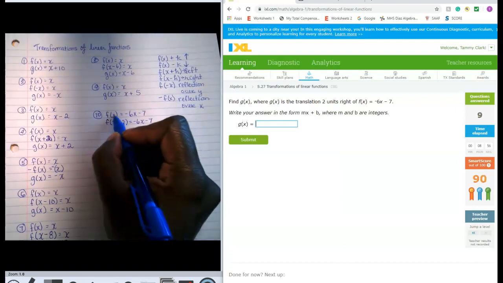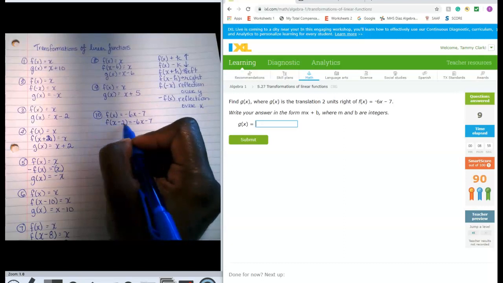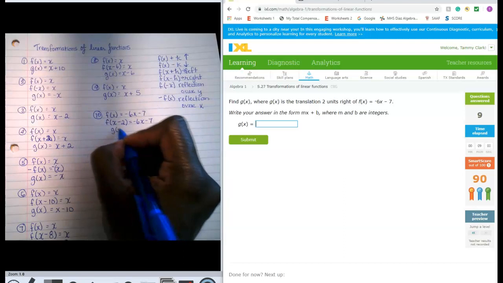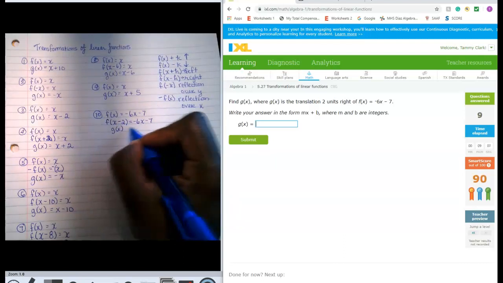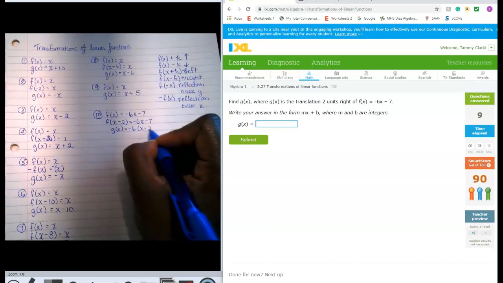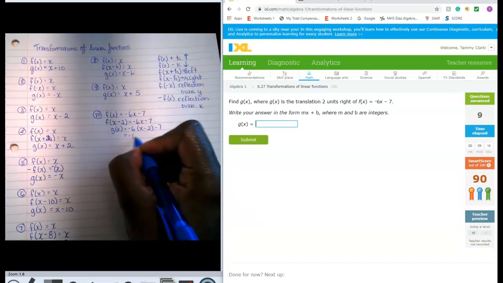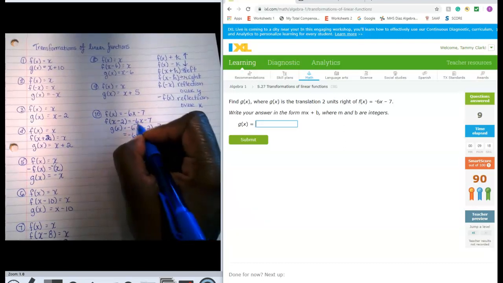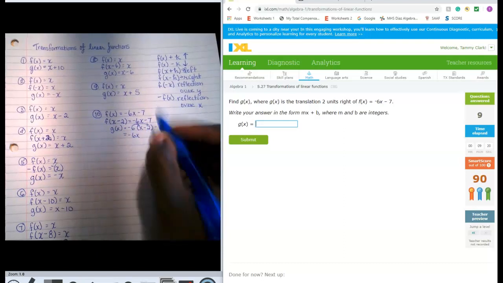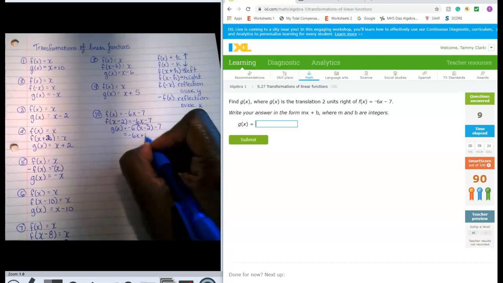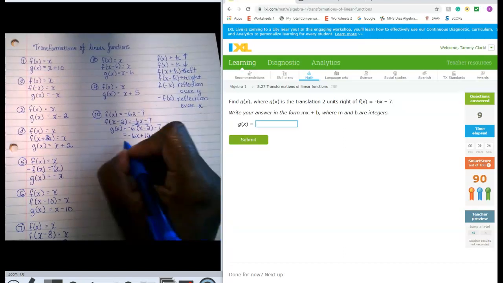Now, again, I replaced x with x minus 2. So now, when I'm solving my g of x function, instead of writing x, I'm going to write x minus 2 in its place. So we've got -6 times x minus 2, minus 7. So we've got -6x because I'm distributing the 6 to both terms. -6 times -2 is +12 minus 7.